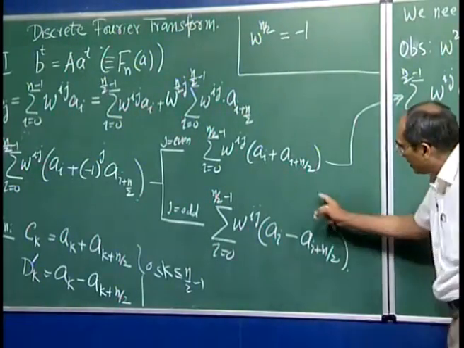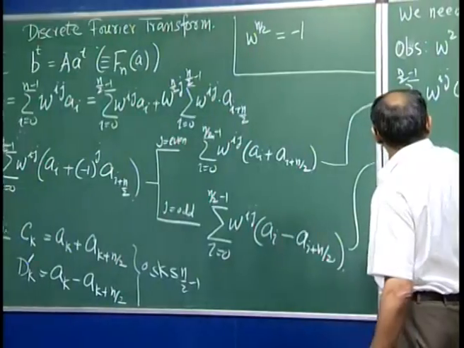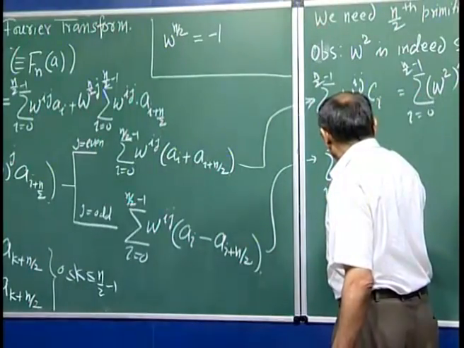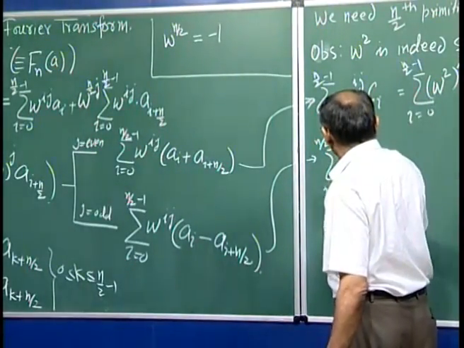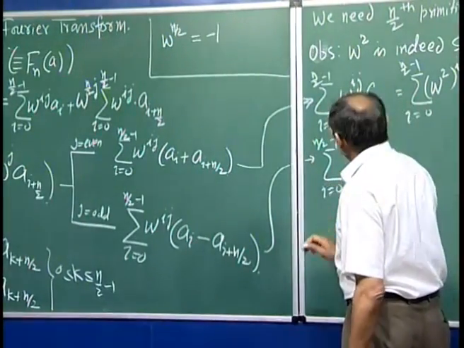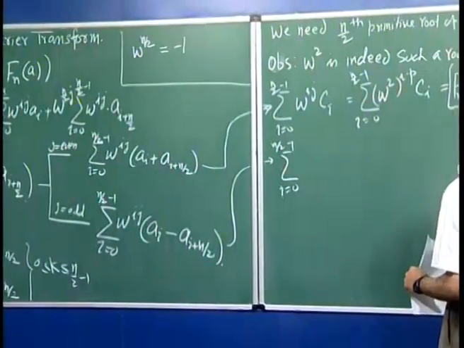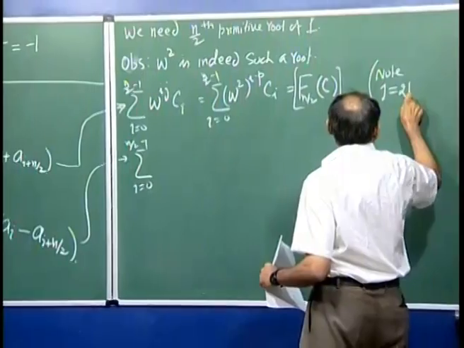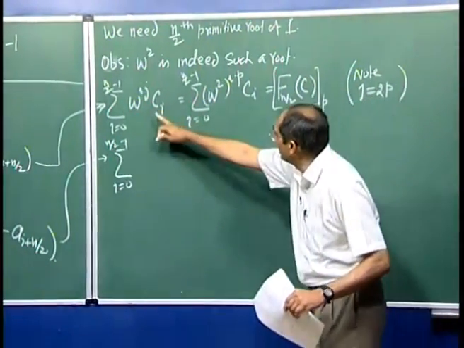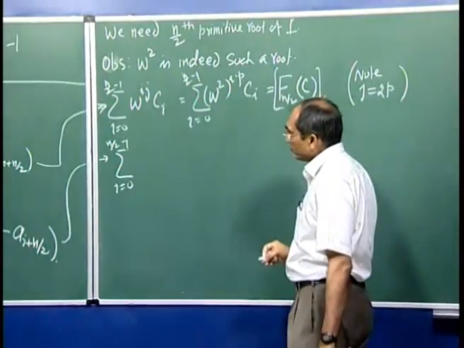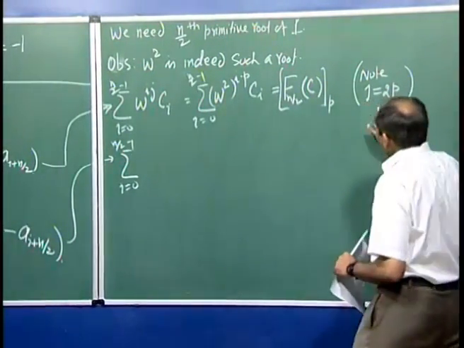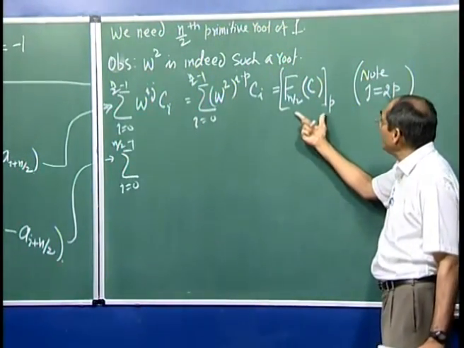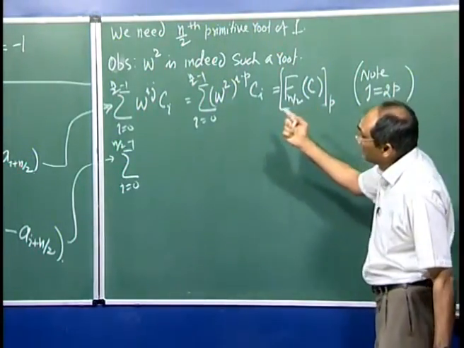Let us now look at the second one. This sum goes from i from 0 to n by 2 minus 1. Here I would like to keep in mind that j has been replaced by 2p, hence we get this. So, keep in mind that the pth element of this Fourier transform is actually the 2pth element of the original transform.